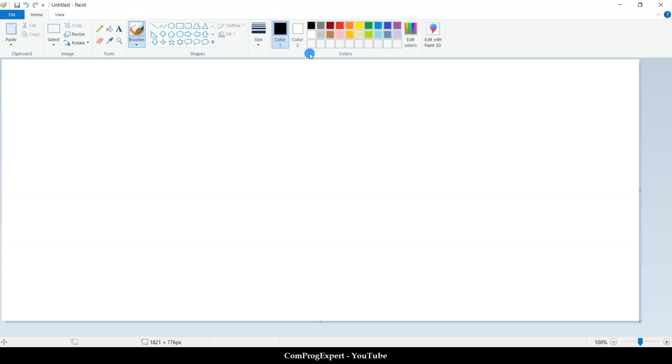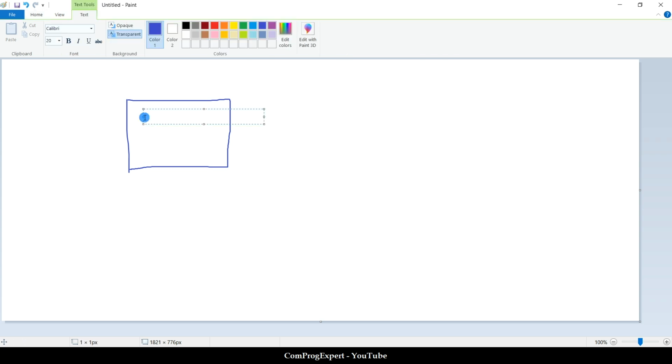So we have this block diagram. This is the electrical system, or electrical energy source.